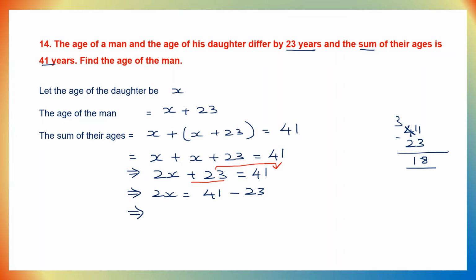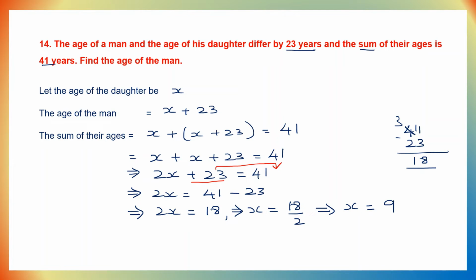So 2x is 18, that means x will be equal to 18 divided by 2. 2 nines are 18. So we have found x to be 9.